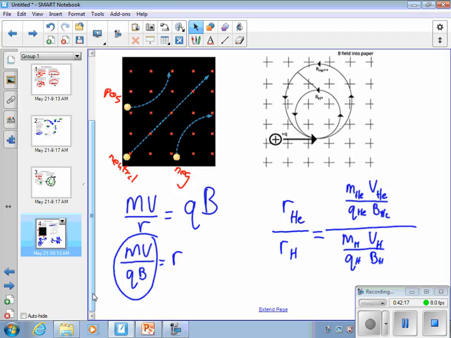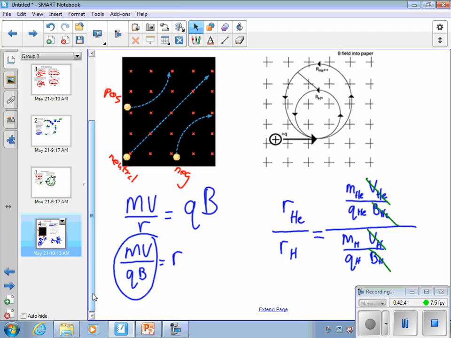Indeed. What did I get told earlier that is the same? Velocity and the who? Velocity and the field are the same. So I can cancel out the velocities, and then the fields, the B's, yes? Okay. Well, that's cool. It looks a lot simpler now.